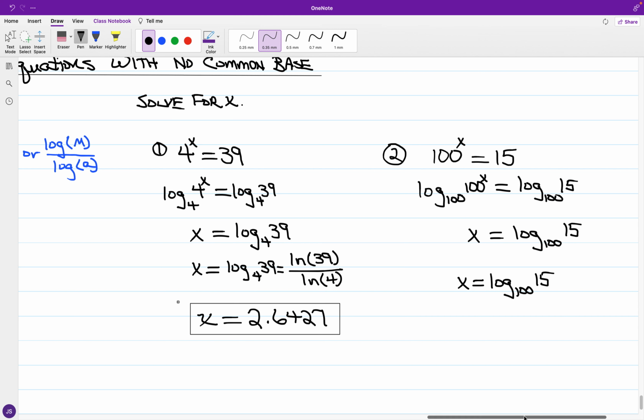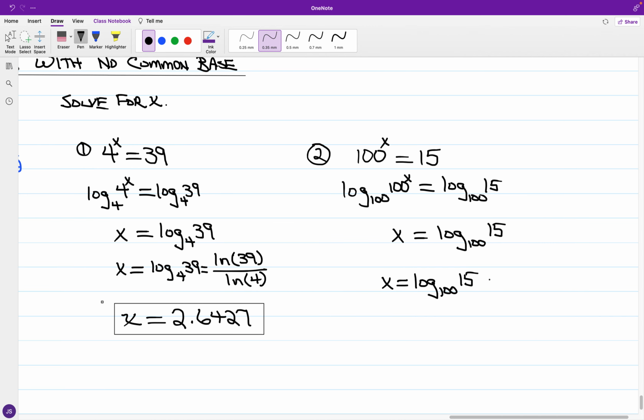And applying the change of base formula, again, I can either use base 10 or natural logarithms. And here I'll just go with base 10 logarithm. I have log of 15 over log of 100. And for the resulting quotient, x in this case will be just under 6/10. So for x, this will be about 0.588.